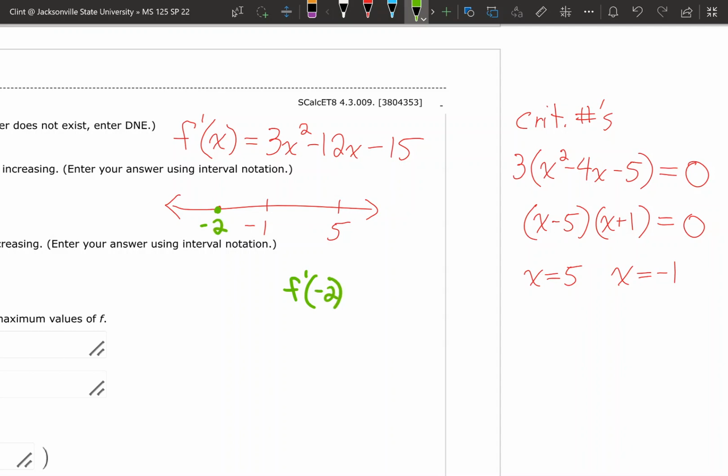If we plug in -2 into the factor form, the 3 is not going to change anything because it's positive. We'll have -7 times -1, so that'll be positive. So that gives us a positive sign in that region.